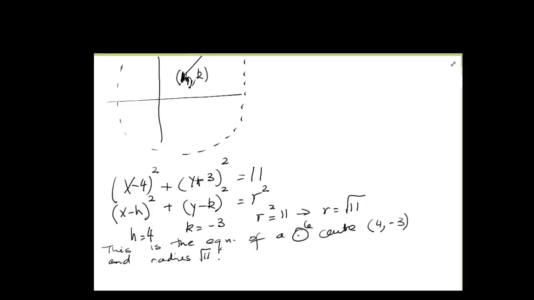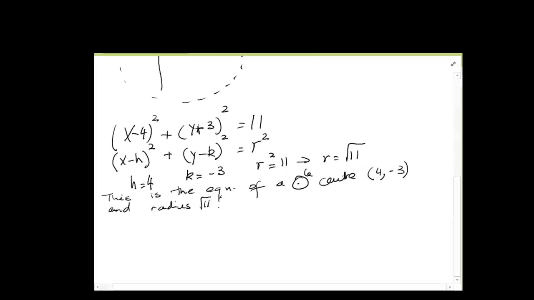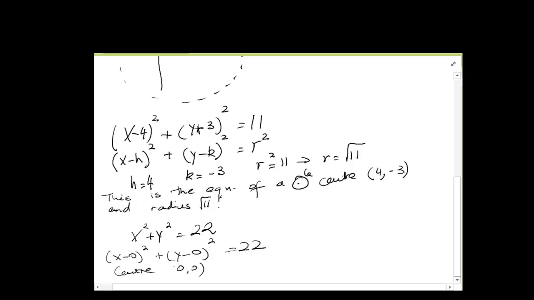Just a reminder as we approach the end, if you have an equation like x squared plus y squared equals 22, you can think of it as x minus 0 squared plus y minus 0 squared equals 22. And so this is the equation of a circle with center (0, 0) and radius square root of 22.